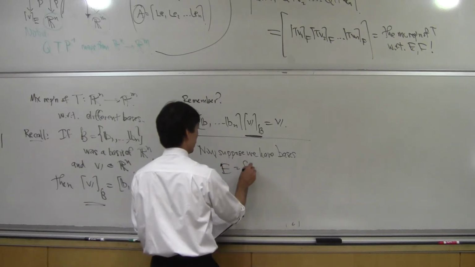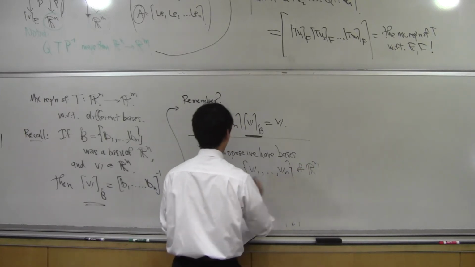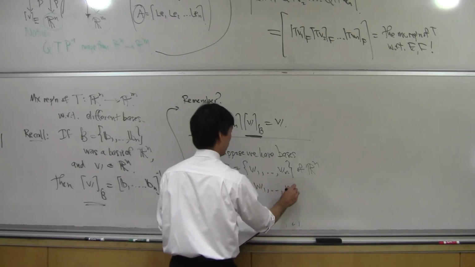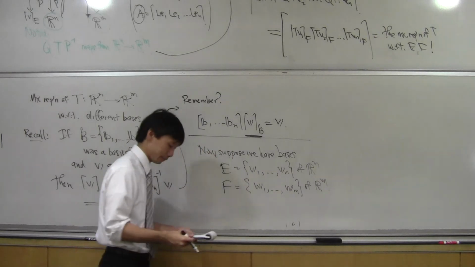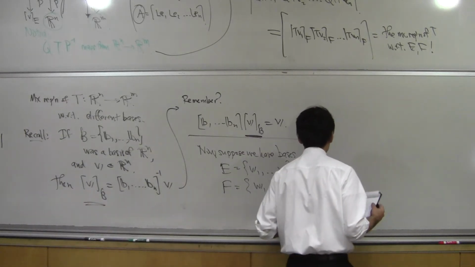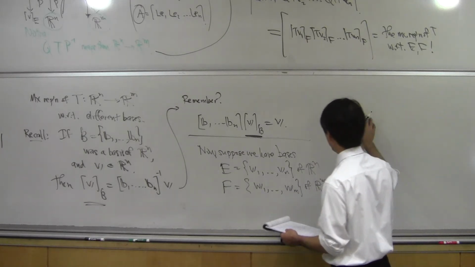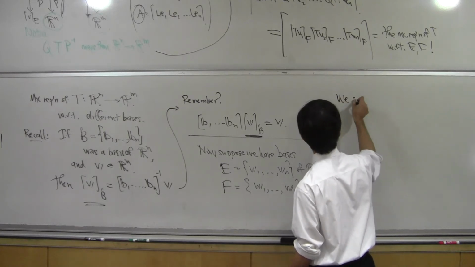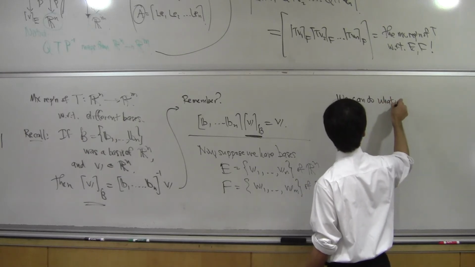E equals V1 through Vn of Rn, and F being W1 through Wm of Rm. Okay. Then we can do what we were doing before.